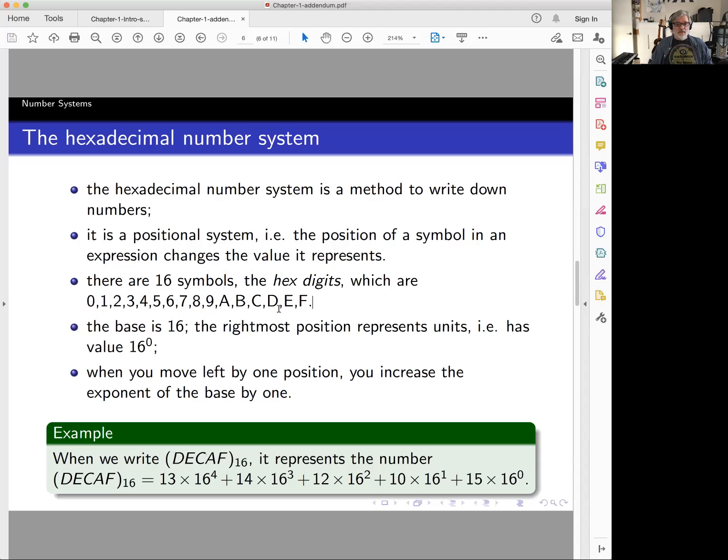So D is 13 times the base 16 power 4, because we are in the 5th position going left, plus E, which represents 14. You see here I'm using decimal to write down my numbers, times 16 cubed plus 12 times 16 squared, and so on and so forth, okay?